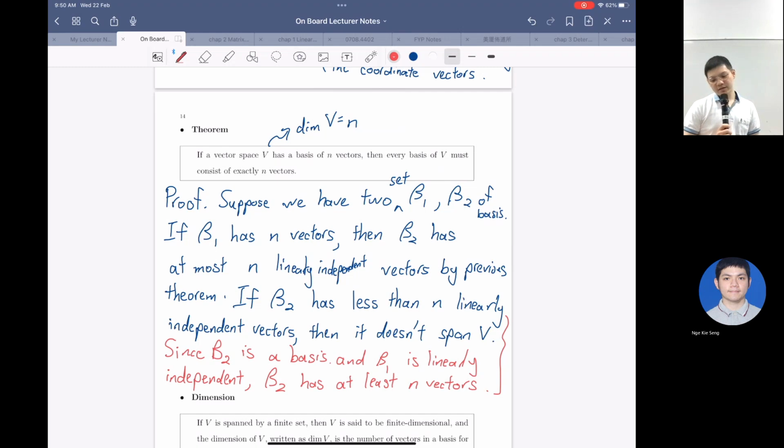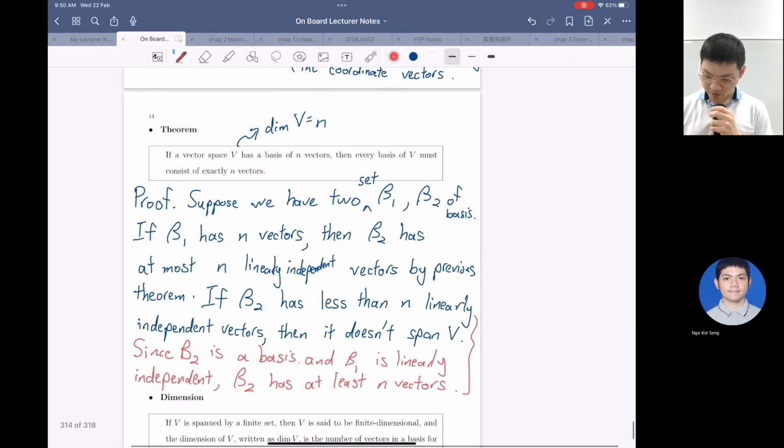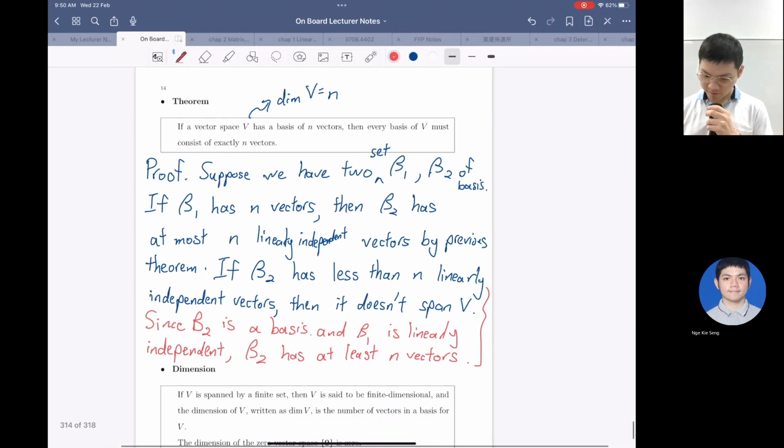Since B2 is a basis, this means it spans the vector space, and also it is linearly independent. So you must be able to express the n vectors using the basis in B2.